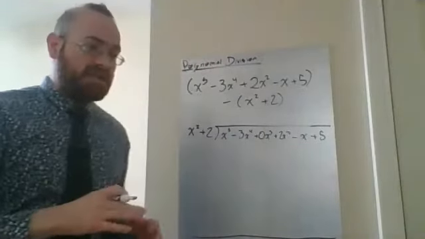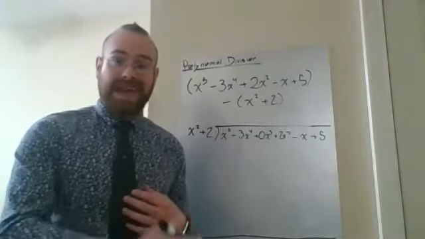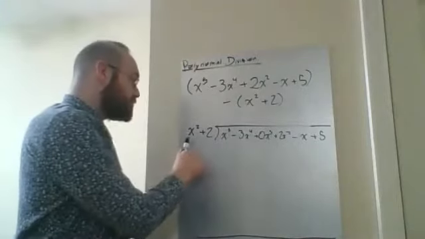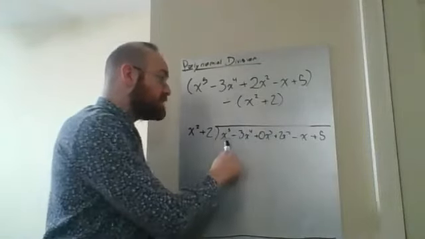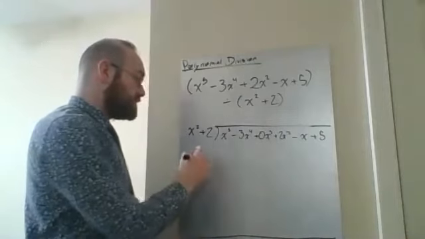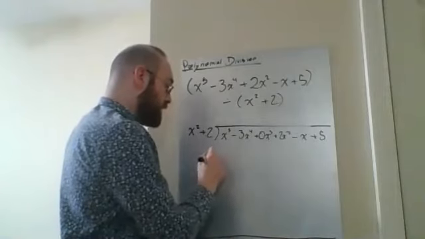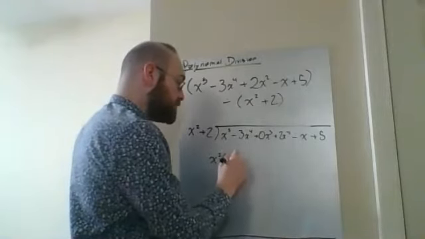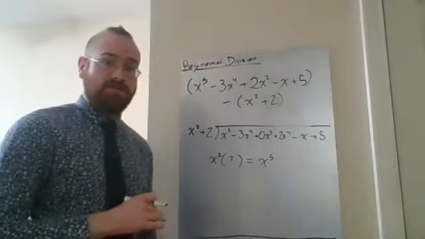Now, a lot of polynomial division comes down to being able to compare our first terms inside and outside. So our first term on the outside is x squared, and the inside term is x to the fifth. So in order to do this, I'm going to look at what do I need to multiply x squared by to get x to the fifth.